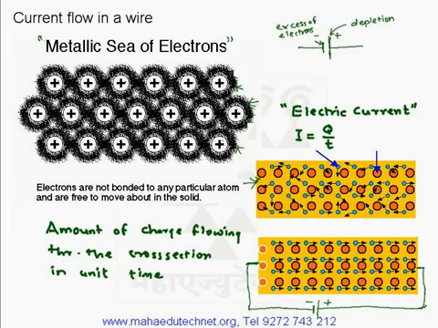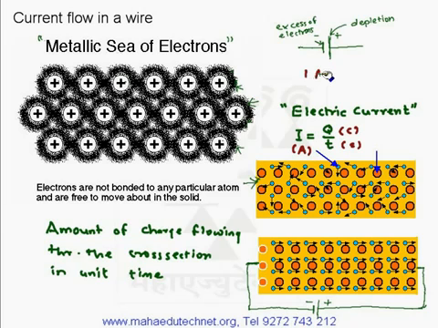Now we know that the unit of charge is coulomb and the unit of time is second, and the unit of electric current is ampere.